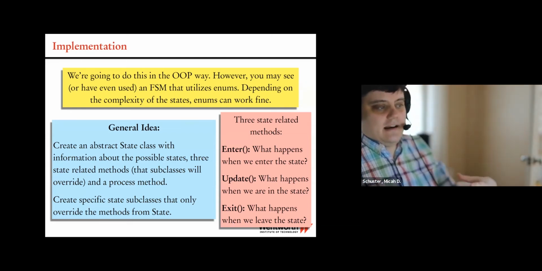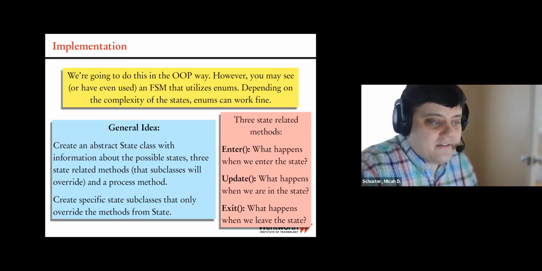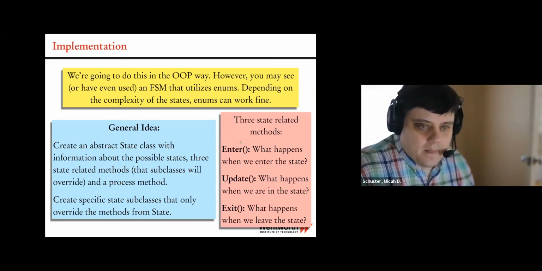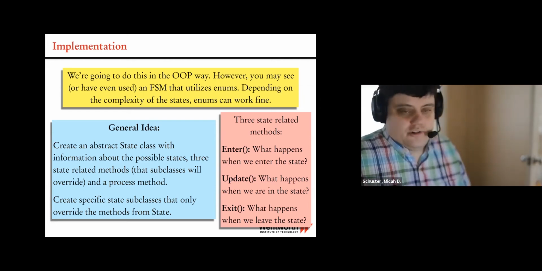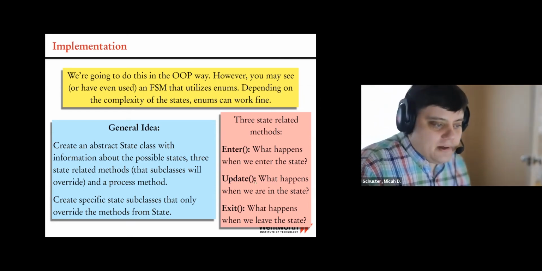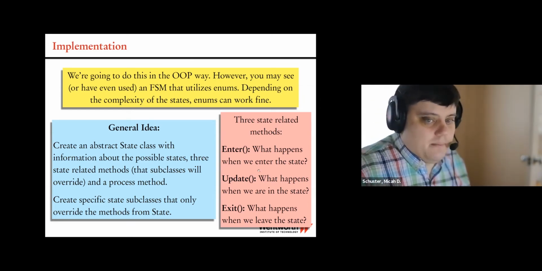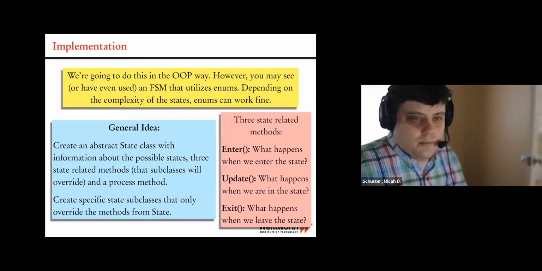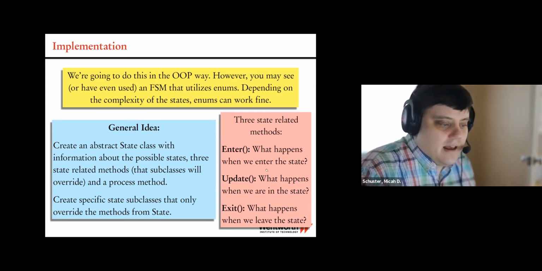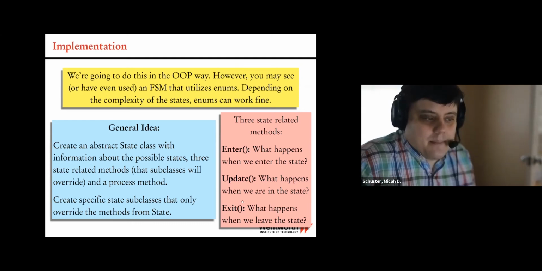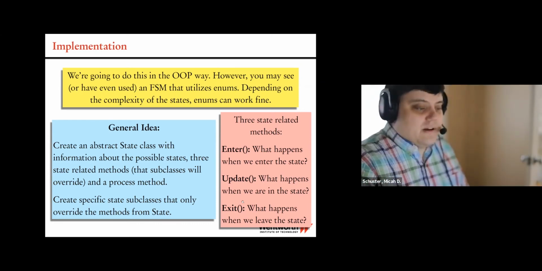But in your real game, you might have stuff to set up when you enter a state. You might need to create some variables and maybe get some information from, who knows, a spawn manager or something. For update, you might be checking for keyboard input. You might be spawning more enemies. You might be doing any number of things while you are in a particular state. And then when you exit, that might be cleaning stuff up, maybe resetting some stuff.